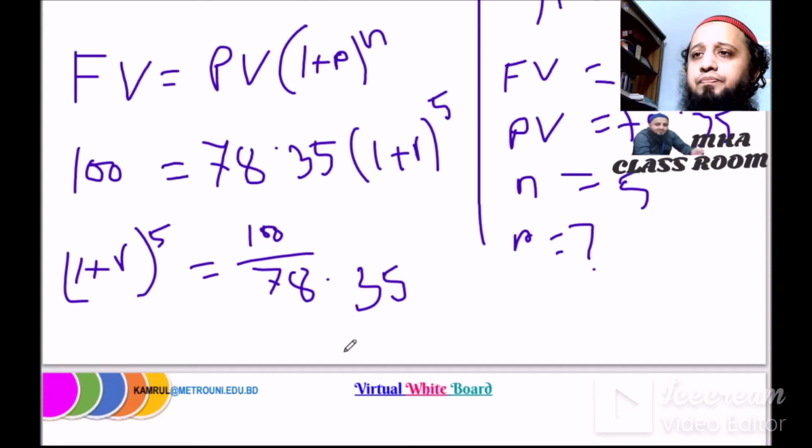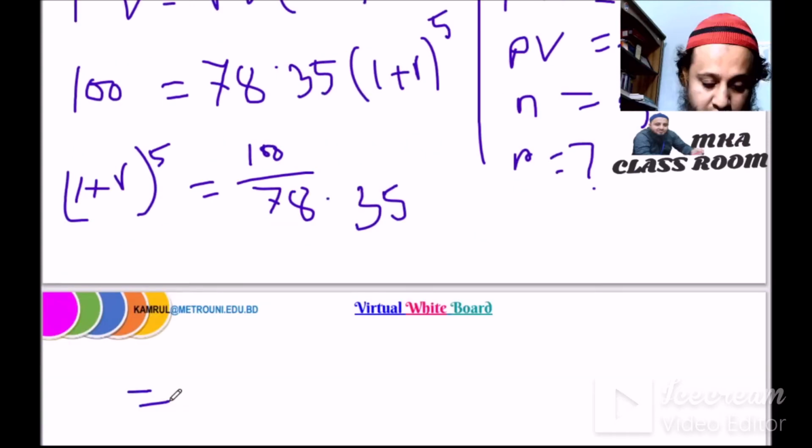Then by solving this equation, 100 divided by 78.35 gives 1.2763. So 1 plus r power 5 equals 1.2763.